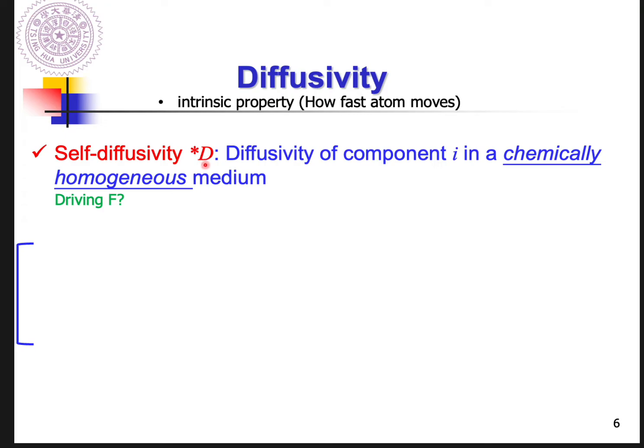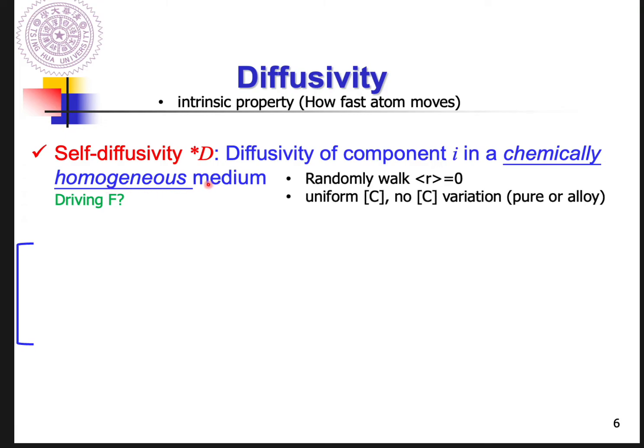D star is the diffusivity of component i in a chemically homogeneous medium. And the material system we are talking about is a chemically homogeneous medium. So what is a chemically homogeneous medium? That means within your material, the concentration of your atoms of interest is uniform.